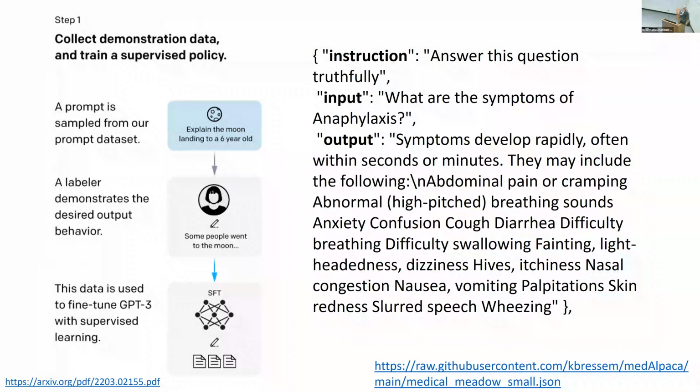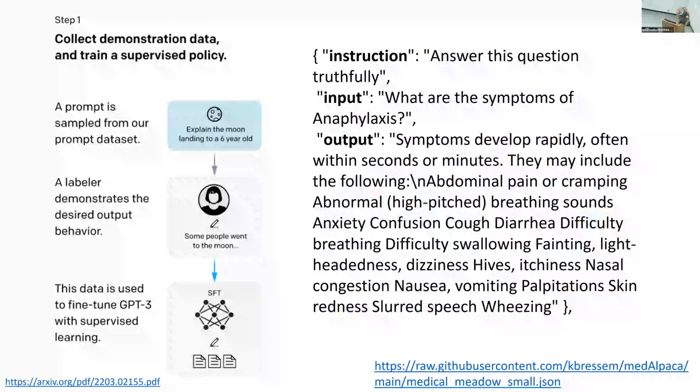So the first thing is to collect demonstration data and train a supervised policy. They have a prompt data set at OpenAI. We don't really know what that prompt data set is because they haven't released it. So for fun, I'm showing you another prompt data set on the right-hand side here. This is from MedAlpaca.